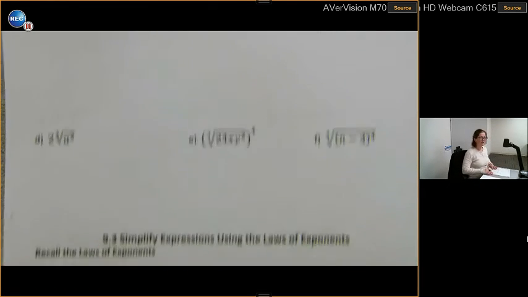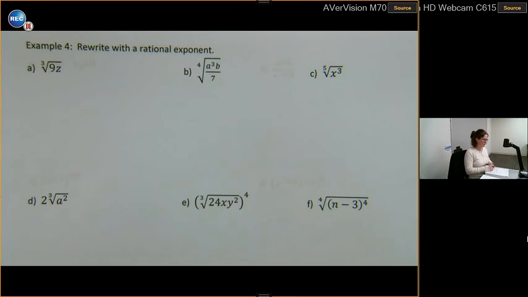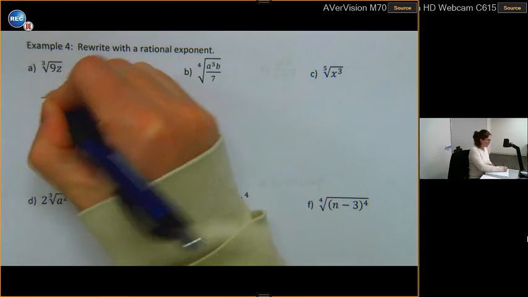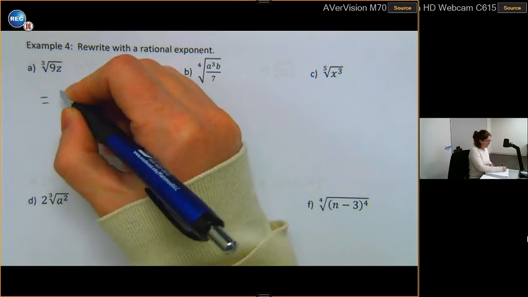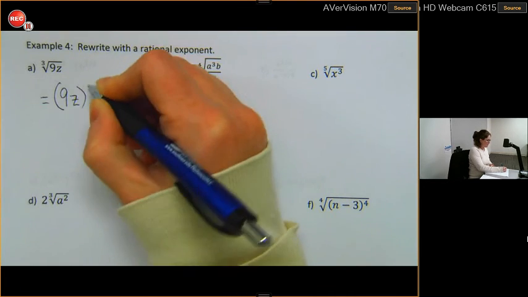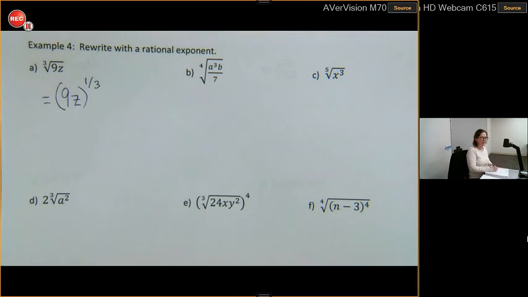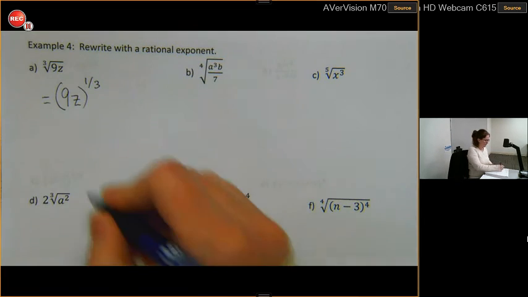Working with those rational exponents, one important skill is to be able to rewrite from a radical to a rational exponent. So I want to have 9z in parentheses. My exponent is 1, my index is 3, so it becomes 1/3.